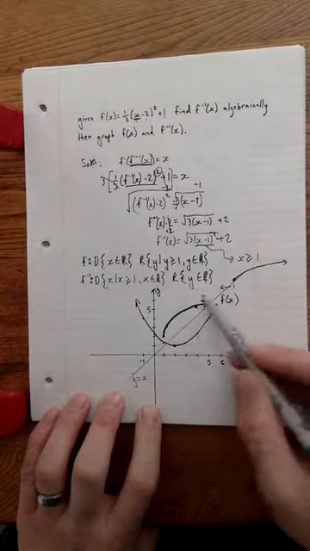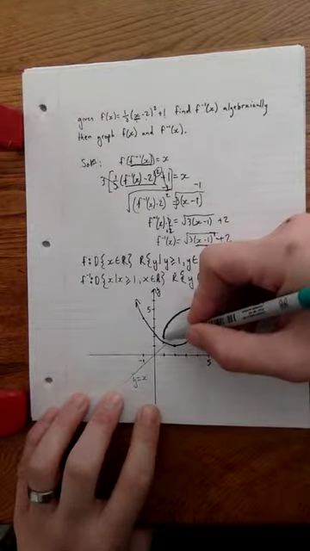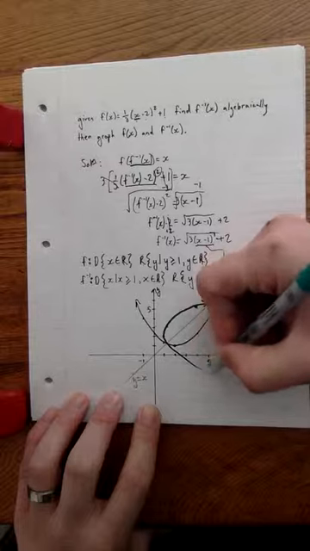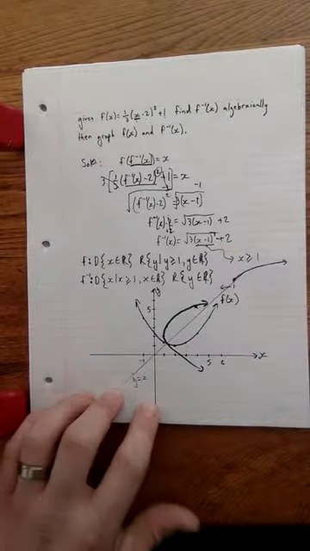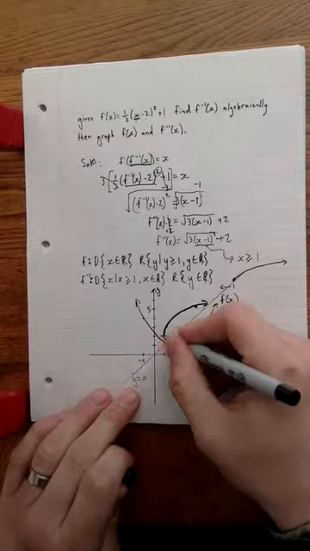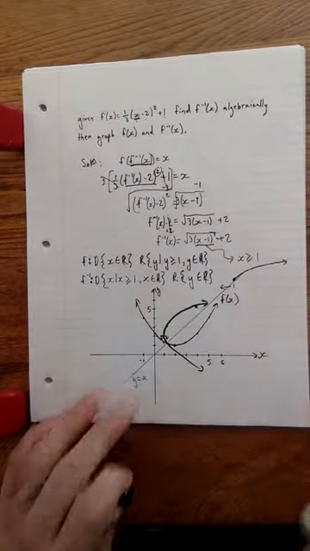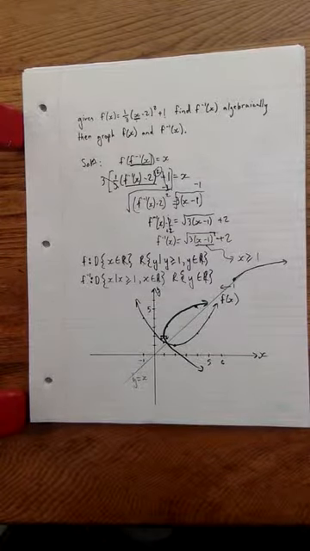Now this is what is known as one branch of the inverse. The other branch of the inverse goes down and through so that we see the reflection of the parabola. But if we include this branch, that is, if we include everything below this line on our inverse function, then our inverse is no longer a function.